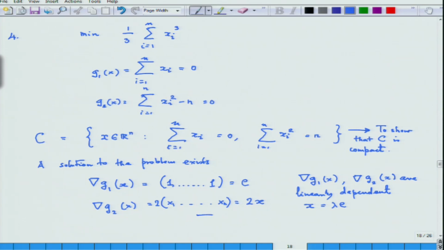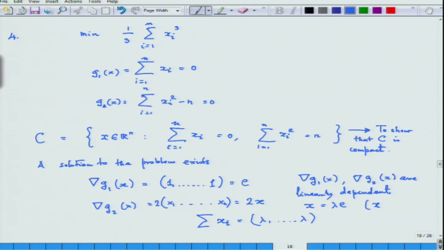Now, if I look at summation xi, then this would be equal to n times lambda, but lambda cannot be 0. If x is 0, then lambda is of course 0, and then it is satisfied. But all of the x cannot be 0, because then summation xi square cannot be equal to n, because then n would be 0, which is not. So x is not 0.